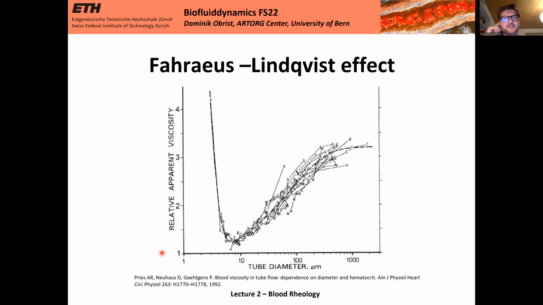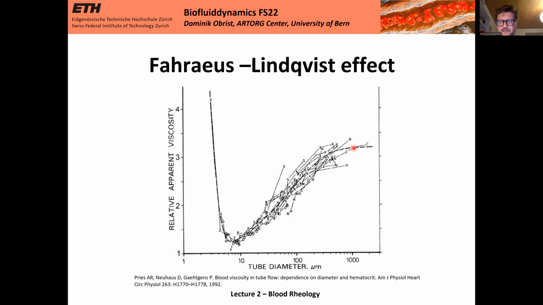Second effect is not the Fåhræus effect, but the Fåhræus-Lindqvist effect. I think Lindqvist was the assistant to Fåhræus, and they had this effect, which looks, in terms of the curve, almost the same as the Fåhræus effect, except that it's not the hematocrit that is reduced, it's the relative apparent viscosity that is reduced.